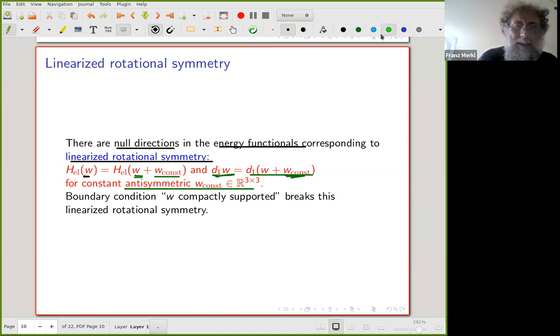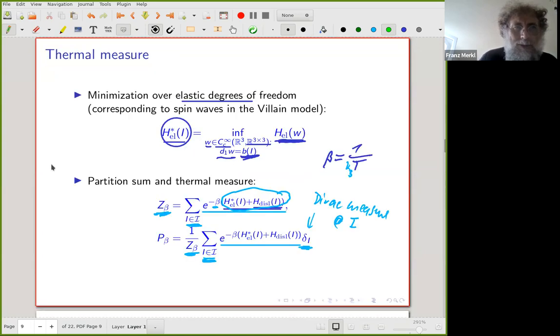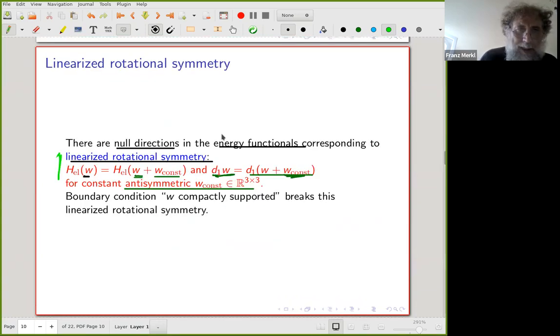But this linearized rotational symmetry is broken here in the model. It's manifestly broken because we have this constraint that we are looking only at W's with compact support, meaning that whenever you perturb W by a constant matrix, it will not have compact support anymore unless the constant is equal to 0.